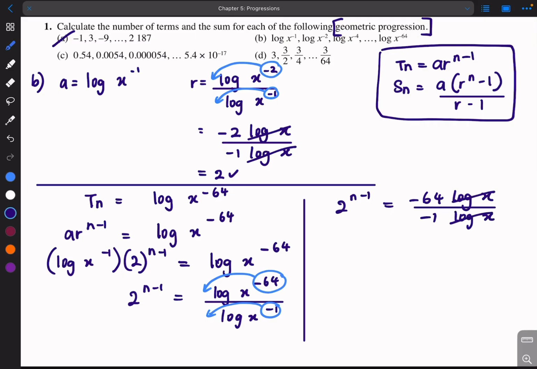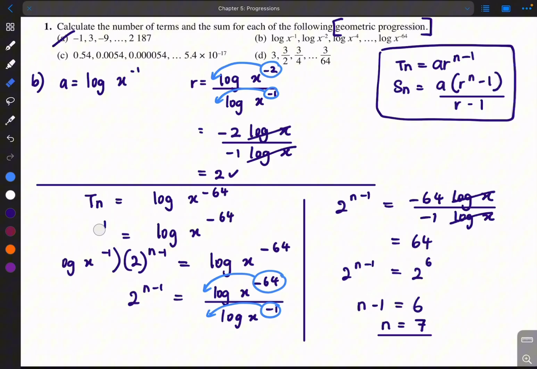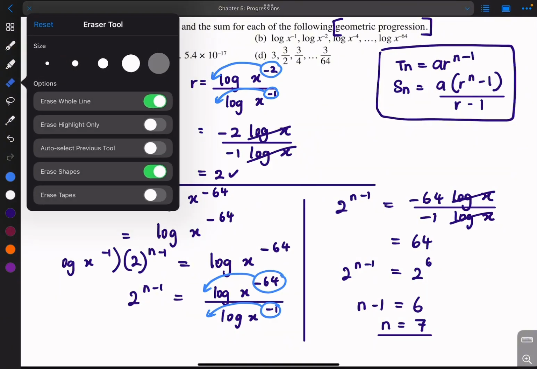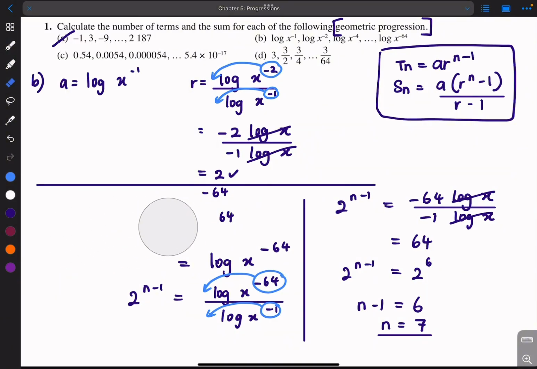These two can cancel off, leaving us with just 64. And 64 we know it's 2 to the power of 6. So 2^(n-1) is 2 power 6, therefore n minus 1 is 6 and n will therefore be 7. So there are 7 terms in this sequence. Okay. Now let's try to find the sum of these 7 terms.